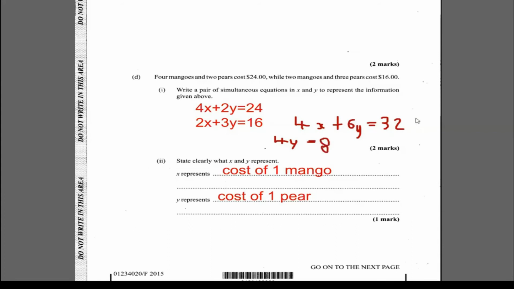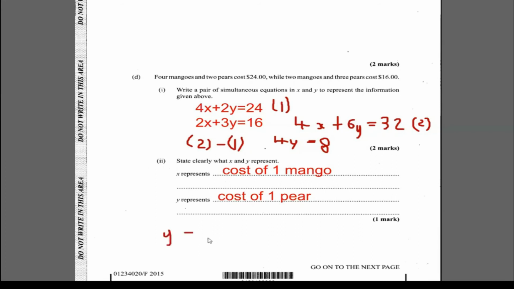Call this equation 2 and this one equation 1. So equation 2 minus equation 1 gives us 4y equals 8, and if 4y equals 8, y must equal 2.